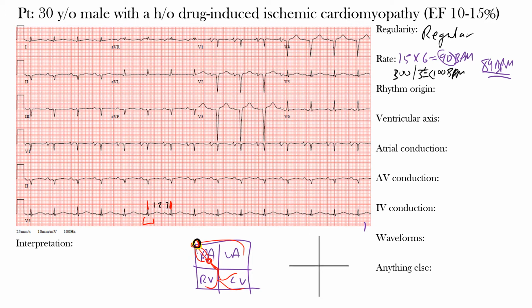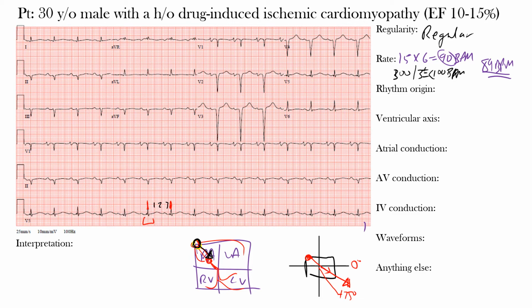And because of that, the direction of the impulse will be heading in this direction. So if you imagine the right atrium sitting on this, our sinus node right here, our normal impulse should be heading in this direction. In fact, the normal P wave axis is between 0 degrees and positive 75 degrees, so in this direction here.